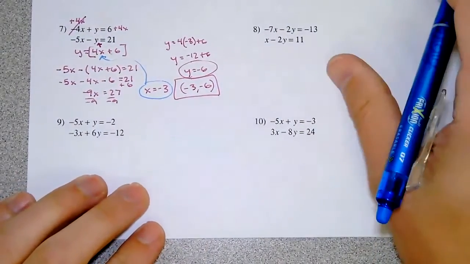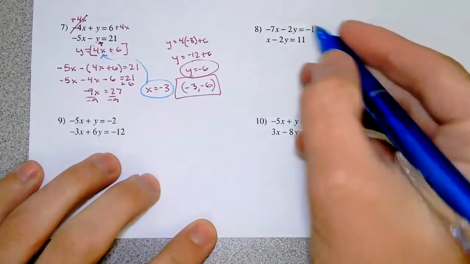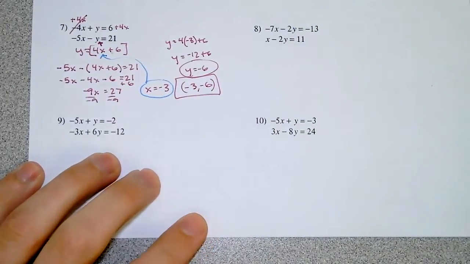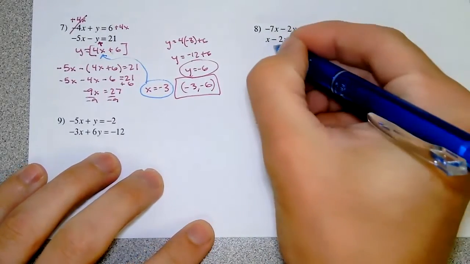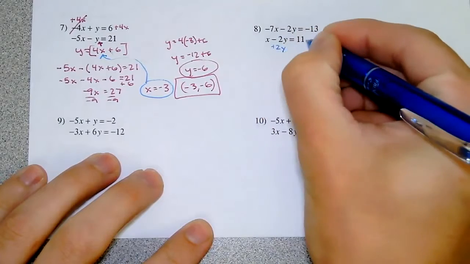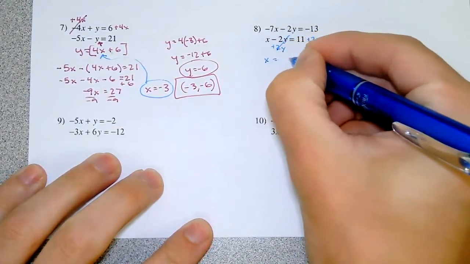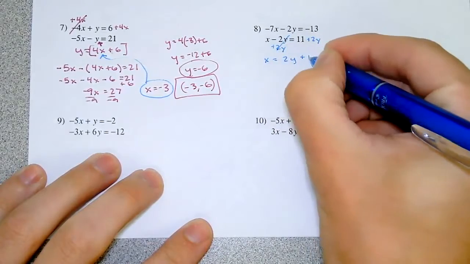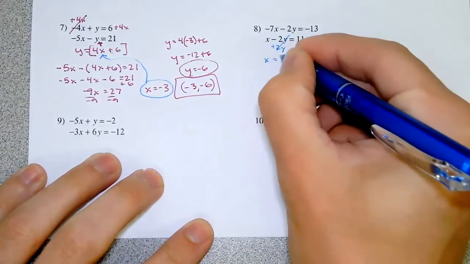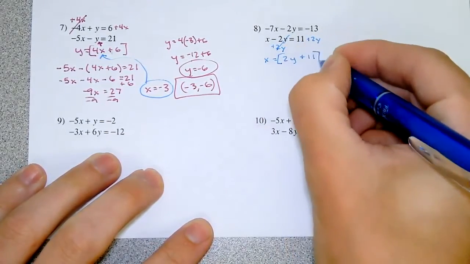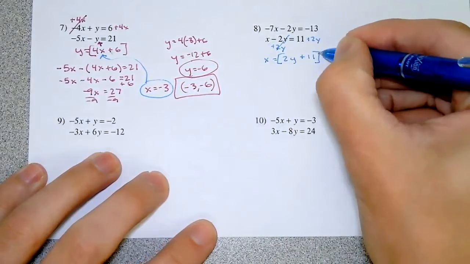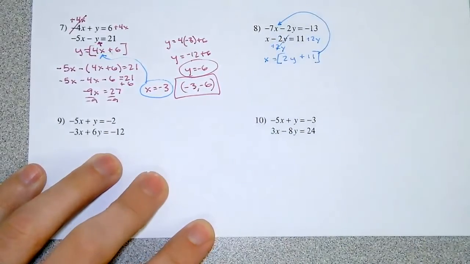Okay, we can take a look at number 8 here. We need to get a variable on a side by itself. So if I just move the 2y over, now I have x equals 2y plus 11. So now I have the variable by itself, I can just take that and plug it in for x.